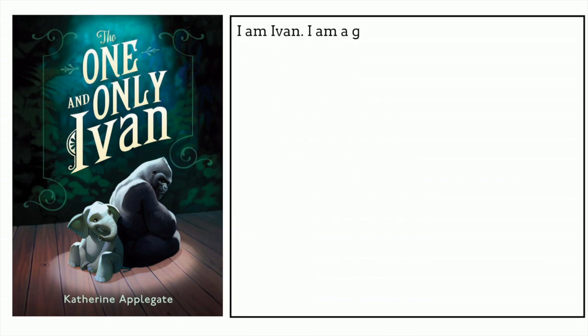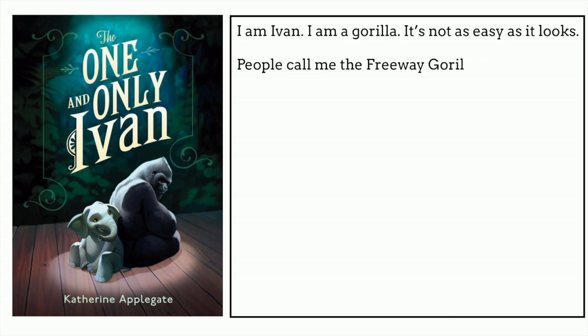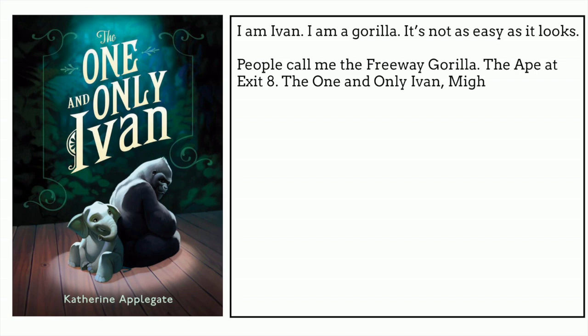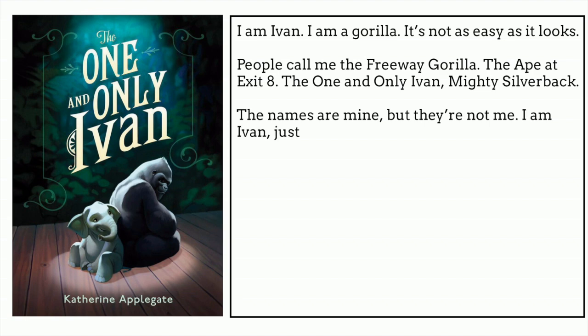I am Ivan. I am a gorilla. It's not as easy as it looks. People call me the Freeway Gorilla, the Ape at Exit 8, the One and Only Ivan, Mighty Silverback. The names are mine, but they're not me. I am Ivan, just Ivan, only Ivan.